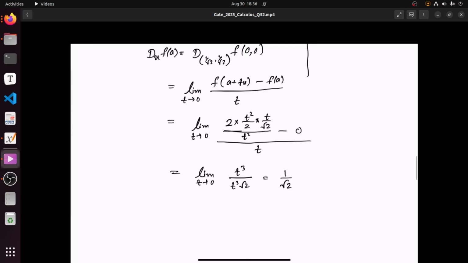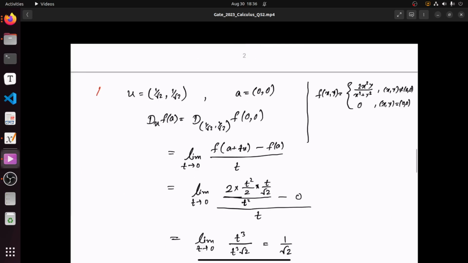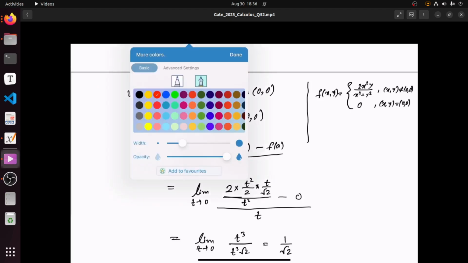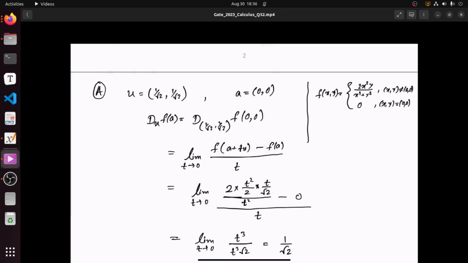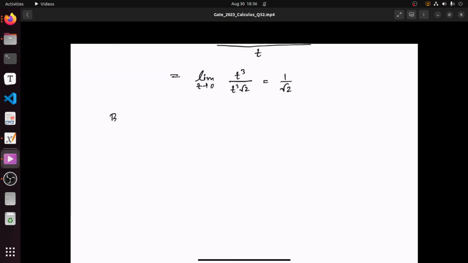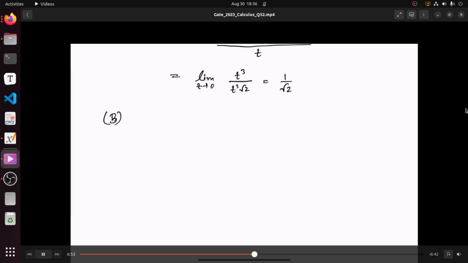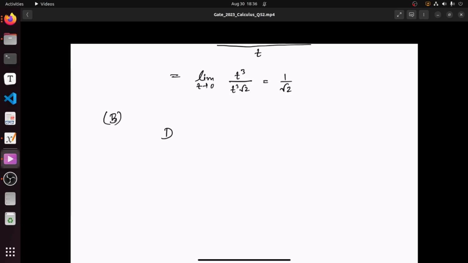So let's find the directional derivative in the direction 0, 1. What we have to find? Directional derivative in the direction 0, 1, right? So D of (0, 1) f at the point 0, 0.